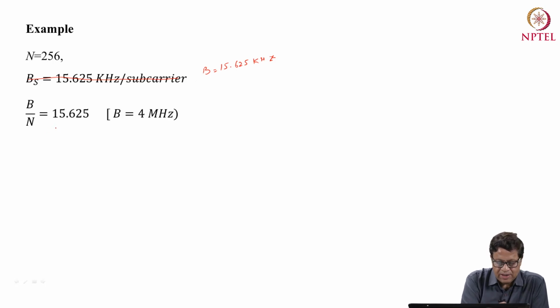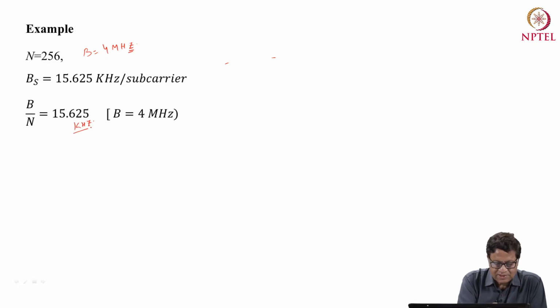So B by N, or I'm sorry, your B is 4 megahertz. So B by N will be 4 megahertz divided by N, which will give you 15.6 kilohertz.